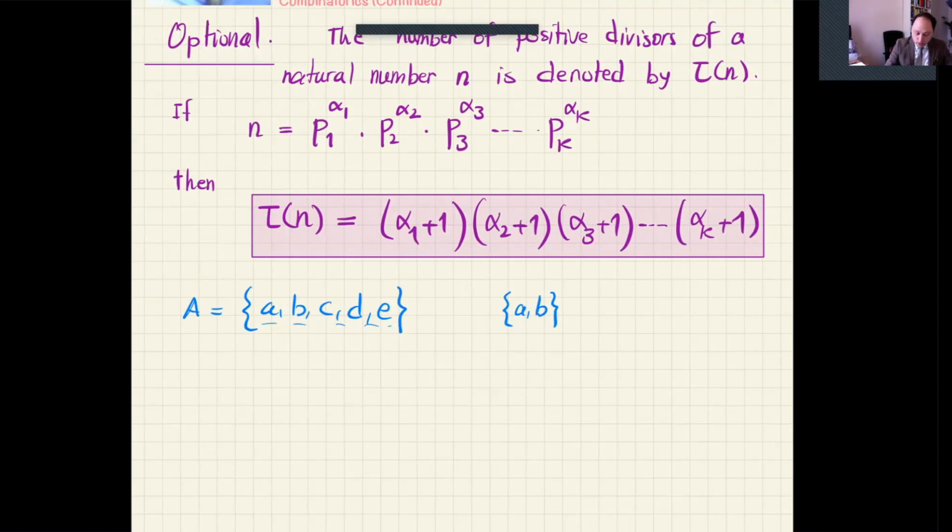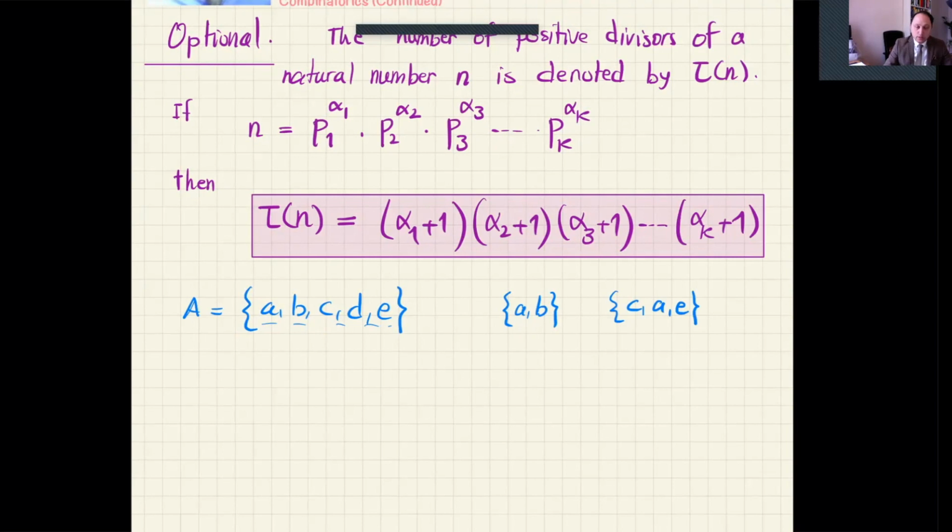But if I write {C, A, E}, this is also a subset of my set, and it contains 3, an odd number of elements.